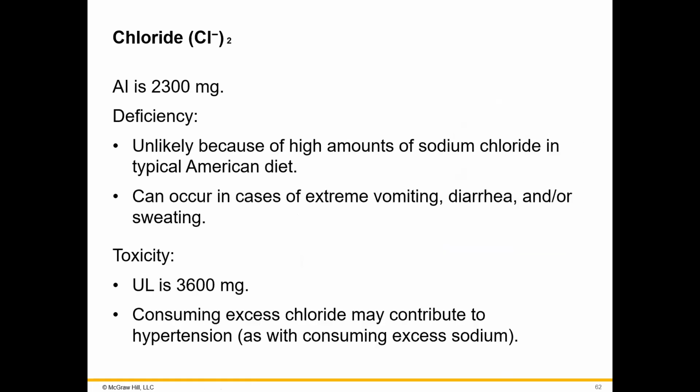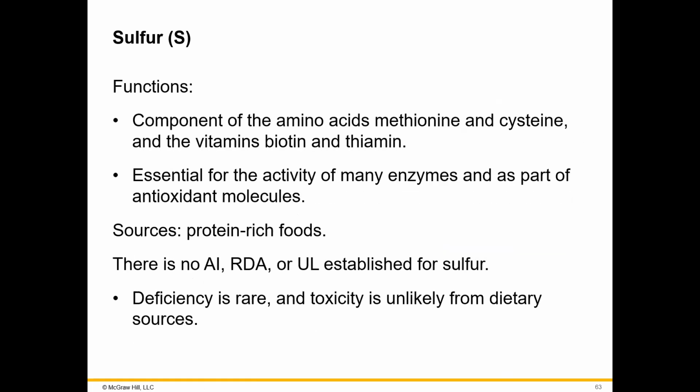And then lastly, sulfur. Sulfur is needed to make proteins, and it's a component of certain amino acids, and also certain vitamins, biotin and thiamine. So it's essential for many enzymatic activities, and part of that antioxidant molecular process we talked about earlier.